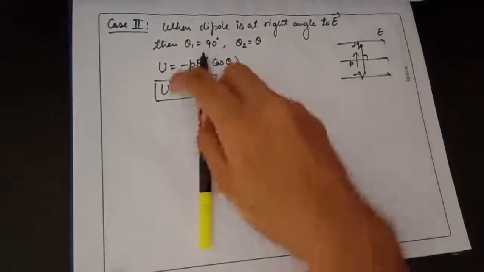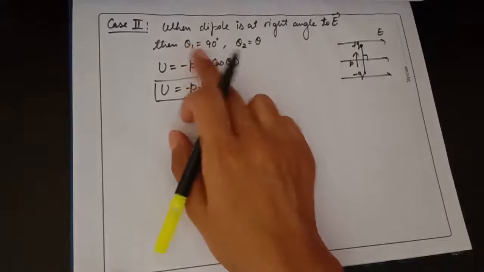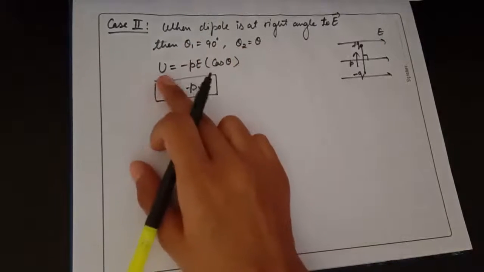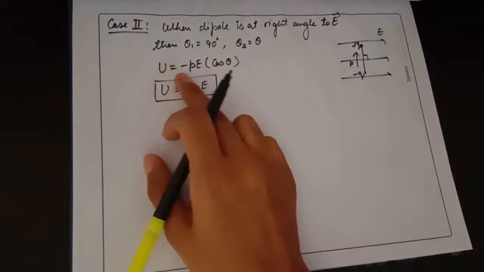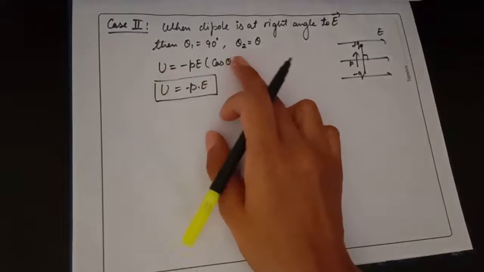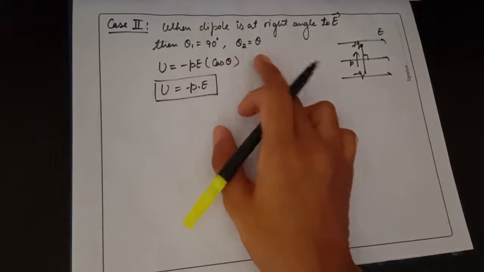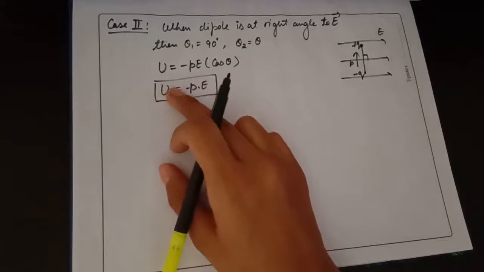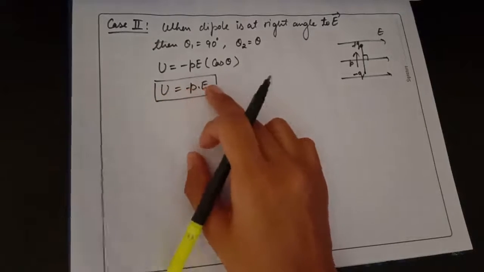Then I will write 90 degrees in place of theta 1 and theta in place of theta 2. So from the equation I get U equals minus pE times cos 90 minus cos theta minus cos 90. As you know, cos 90 gives you 0. So we have U equals minus pE cos theta.